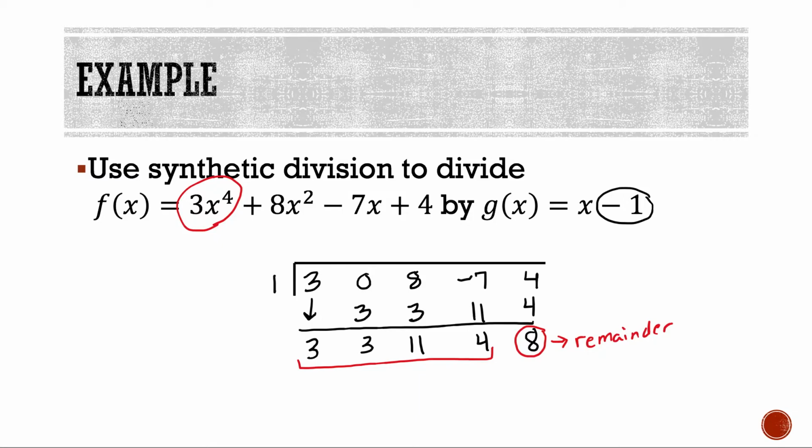So I'm adding these x's back in, starting with this 3. This is going to be 3x to the third. And then I'm going to work my way down. So then I'll have plus 3x squared plus 11x. And then the last number will be the constant of 4.